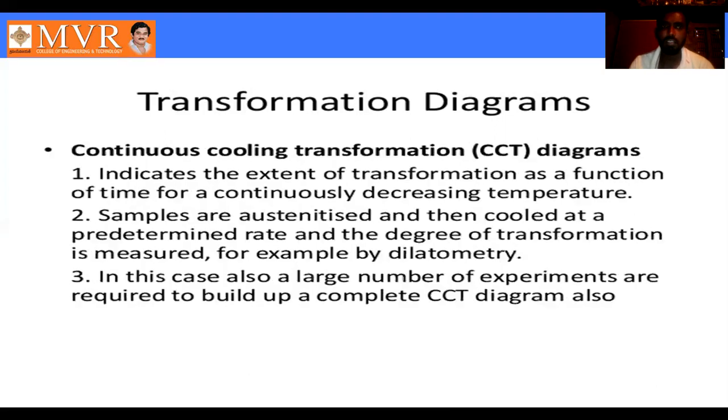Next, we can see continuous cooling transformation, the CCT diagram. It indicates the extent of transformation as a function of time for a continuous decrease in temperature. When we reduce the temperature, we are cooling the metal, and we can see some changes in the process.